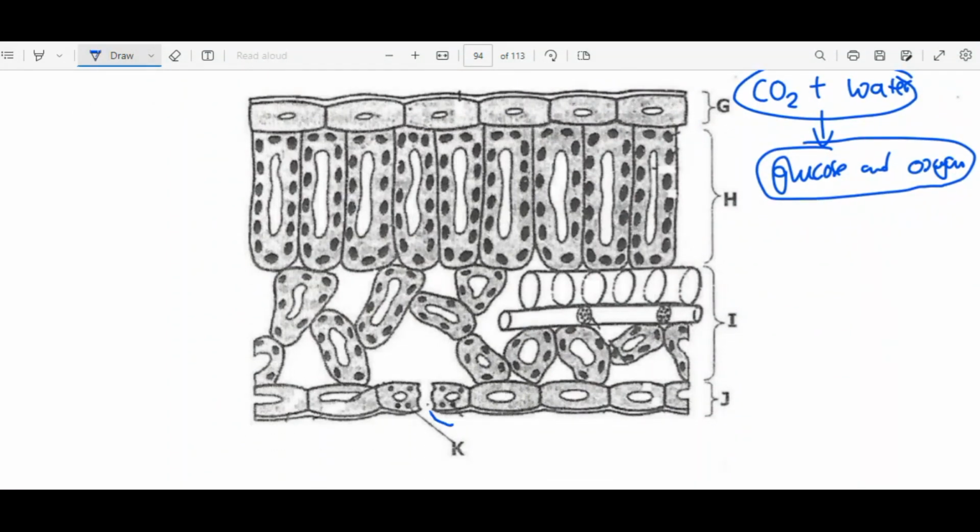So whenever you see an arrow showing that the element is going inside, it simply means that this element or requirement is needed for the process of photosynthesis. So this can be carbon dioxide. Then if we have an arrow going out, this is the oxygen, because oxygen is given out as a byproduct.